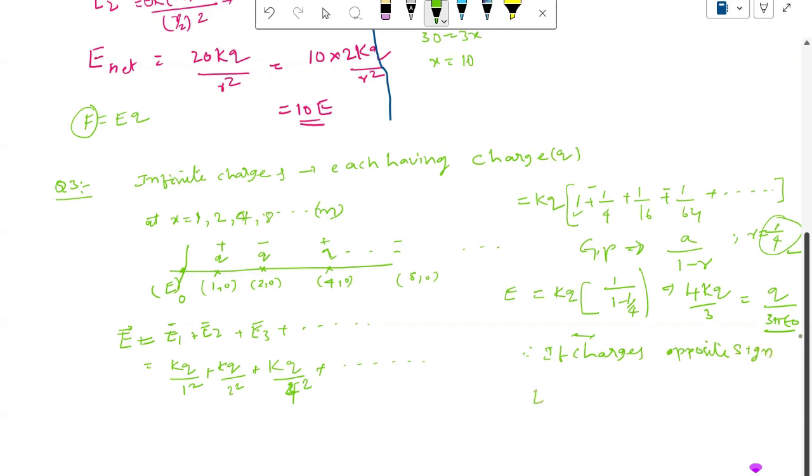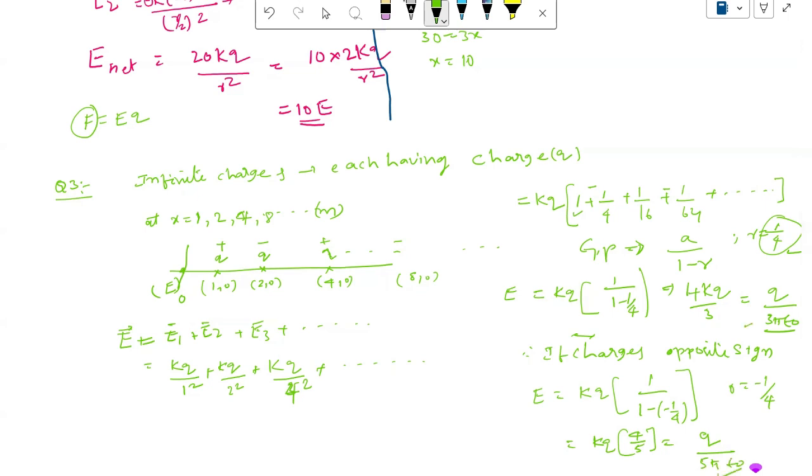So then E is equal to KQ into 1 by 1 minus of minus 1 by 4. This is very important. Here R equals minus 1 by 4. So that equals KQ into 1 by 5 by 4, that equals 4 by 5. So then it will be Q by 5 pi epsilon r, as the 4 gets cancelled.